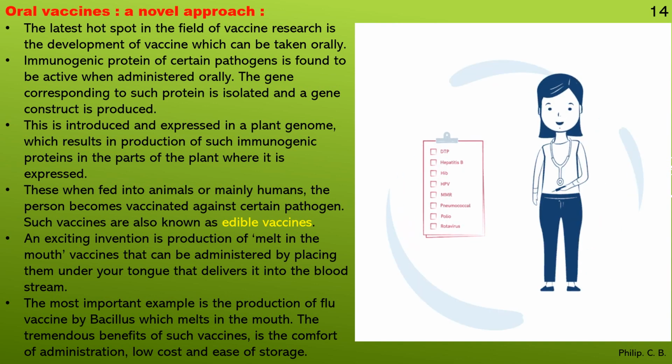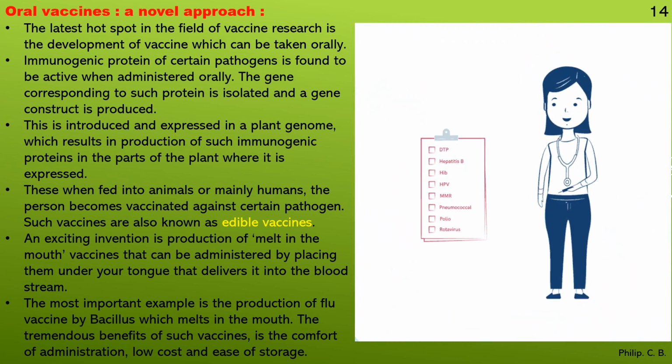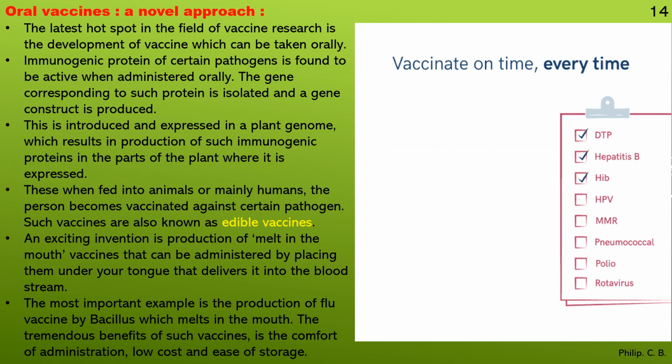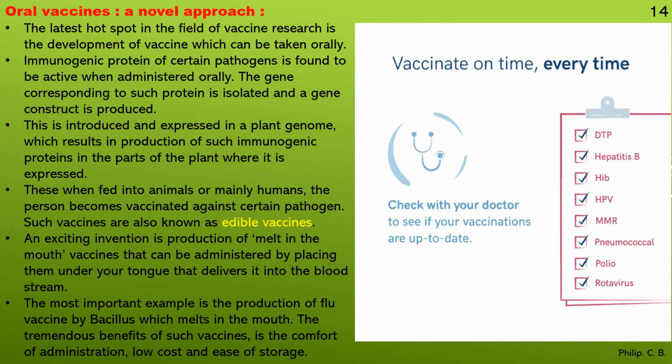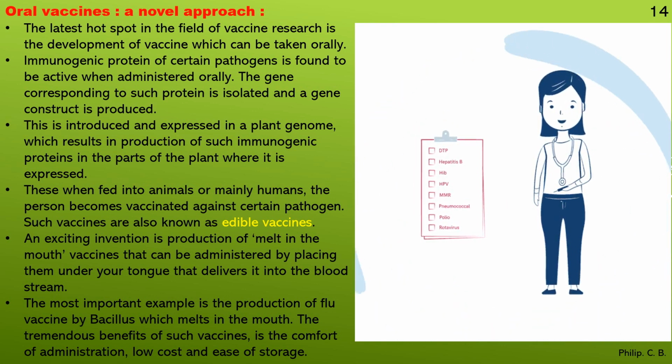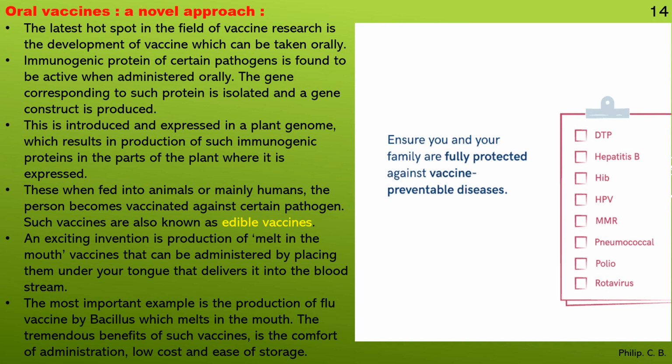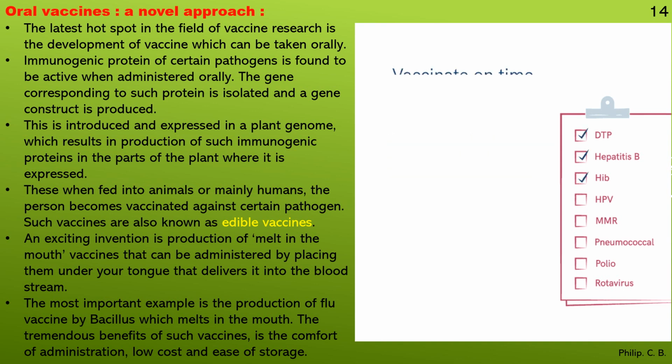When fed to animals or mainly humans, the person becomes vaccinated against a certain pathogen. Such vaccines are known as edible vaccines. That is why the name oral vaccine, because we take it through our mouth, and that's why the name edible vaccine, as we consume food, correct?